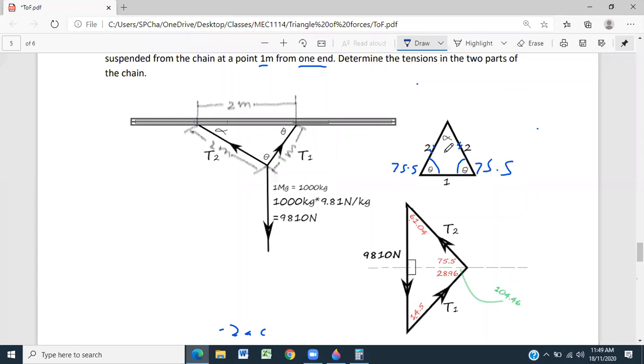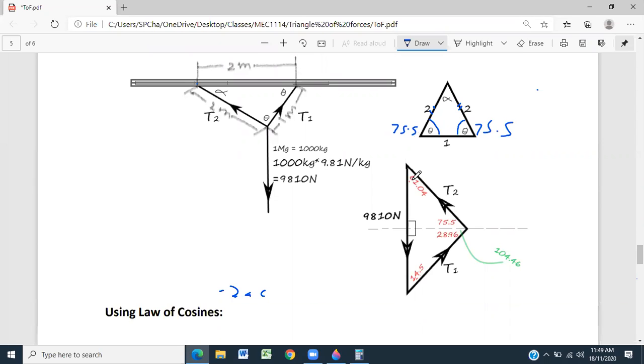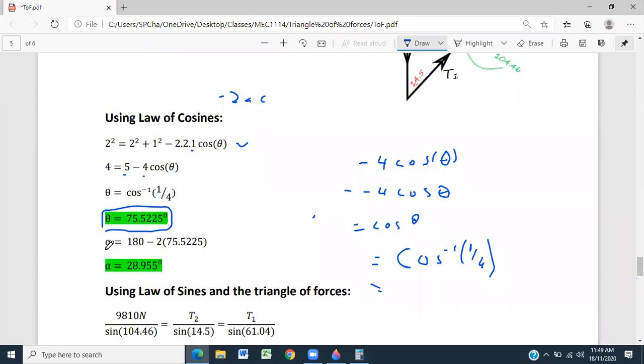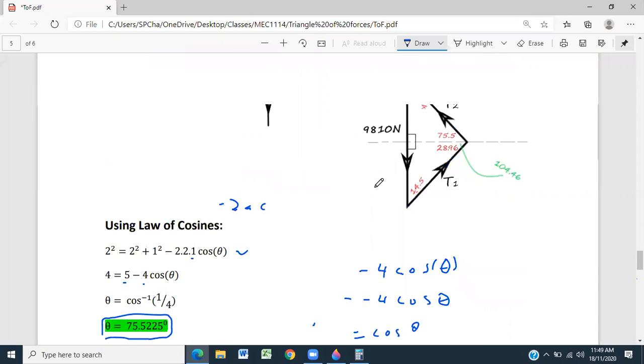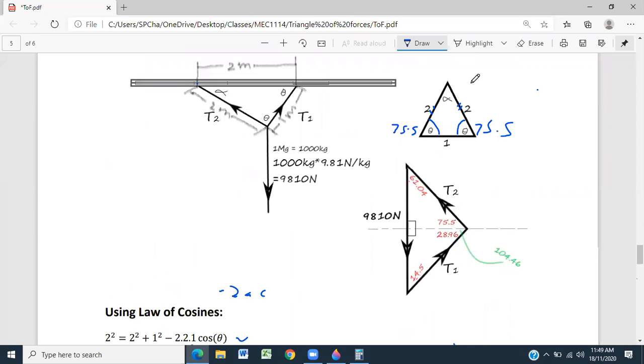This here is 180 minus these two angles. So to find this other angle, we do 180 minus 2 times 75.5, and you find this other angle is 28.95, or 28.96, rounded.